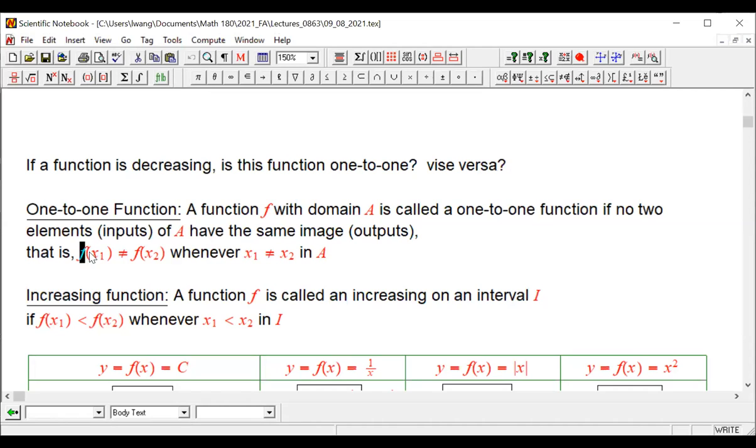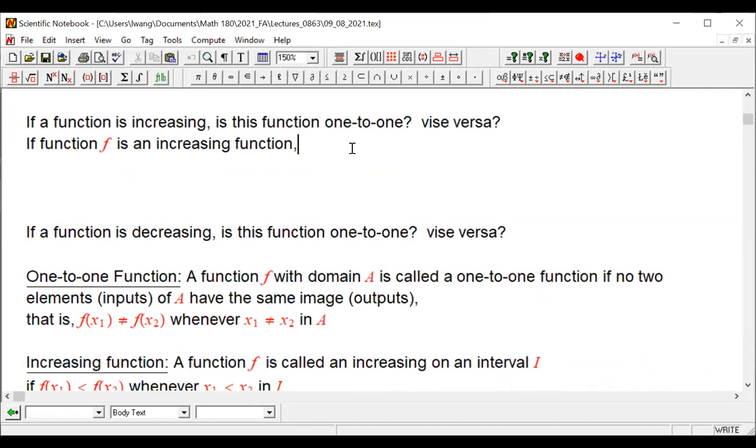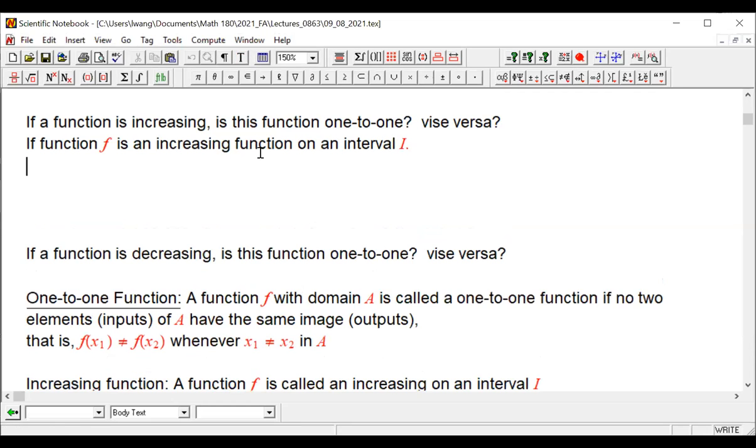Or if you have counterexamples. I will start with whenever, because the increasing function would be on an interval, on an interval I. Of course, one-to-one function is on the entire domain, but if it works on interval I, I is part of the domain.